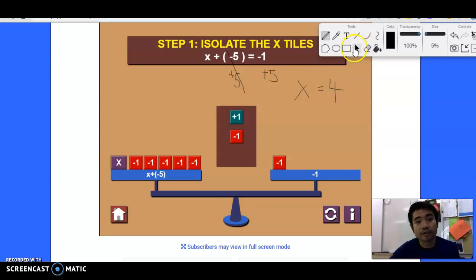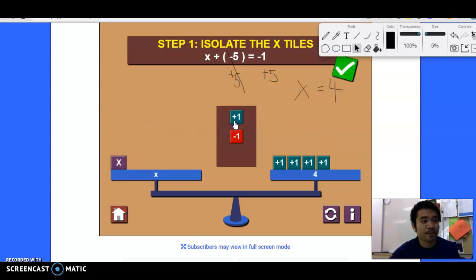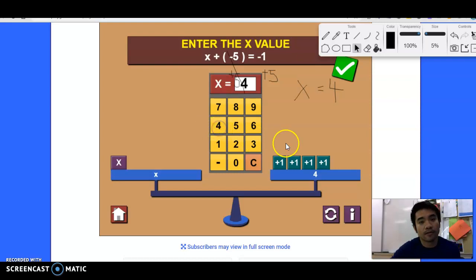Let's see if we're correct. So we need to add 5: 1, 2, 3, 4, and 5. Can you see that whatever you're adding on the left, the same applies for the right side? So what is x? X equals 4.